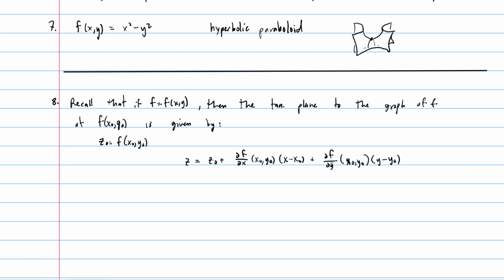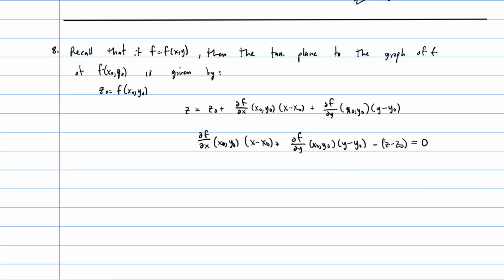If we rearrange this a little bit, it can be written as df by dx at the point, which will be a number, times x minus x naught, plus df by dy at x naught, y naught times y minus y naught, minus z minus z naught equals 0.